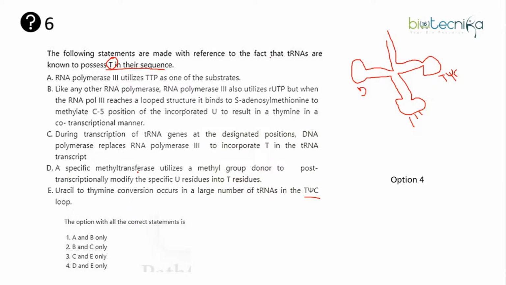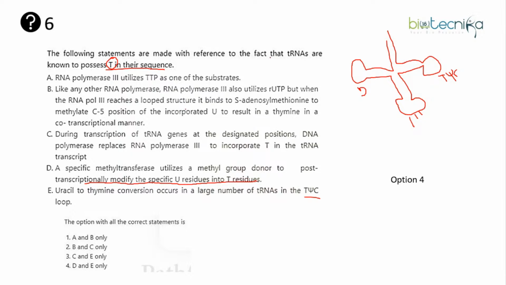A specific methyl transferase utilizes a methyl group donor to post-transcriptionally modify specific uridine residues into thymine. The thymine is incorporated after transcription, not during transcription. During transcription, RNA polymerase will only be able to incorporate uridine against adenines, not thymines.